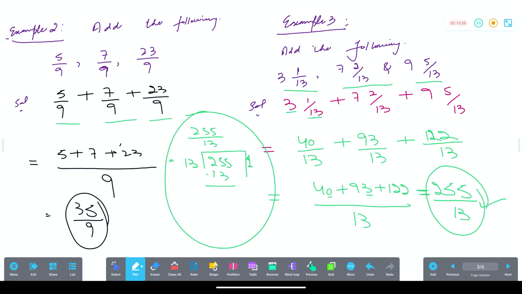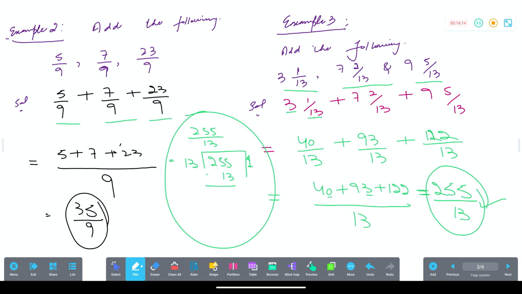Usually what kind of mistake do students make? They write it like this. When they write 30 ones are, they write it 1 3 here. It's absolutely wrong.